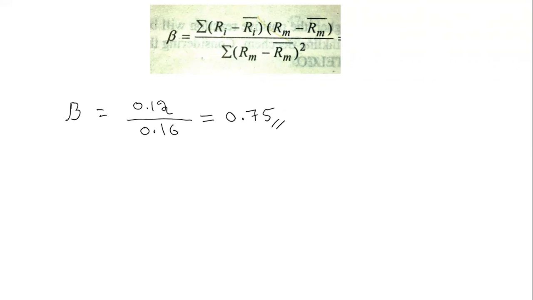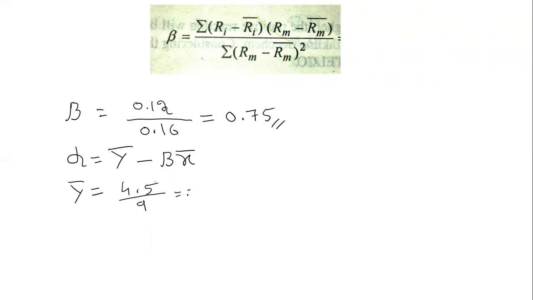Now we will move further and calculate the alpha. The alpha formula, we know, is y bar minus beta into x bar. Now we have to calculate y bar. So y bar is equal to the value we have calculated, 4.5 divided by 9.